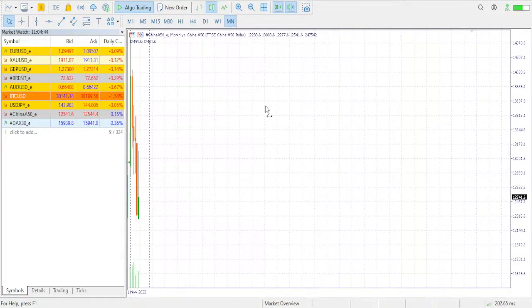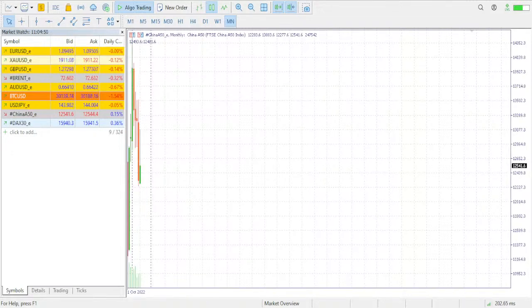So today's webinar, I want us to look at some instruments. We'll be looking at NASDAQ, the SP500, DAX30, and then the Australian index.